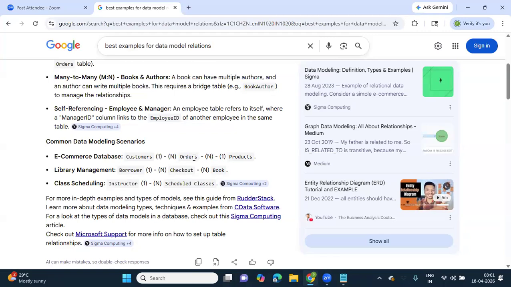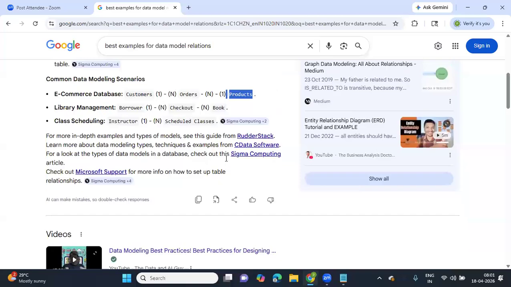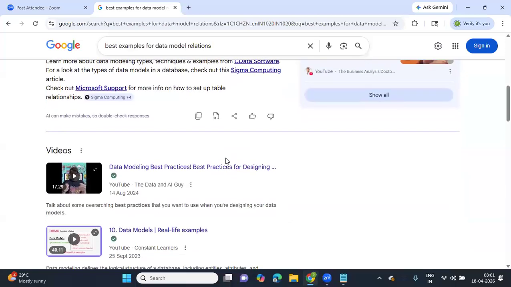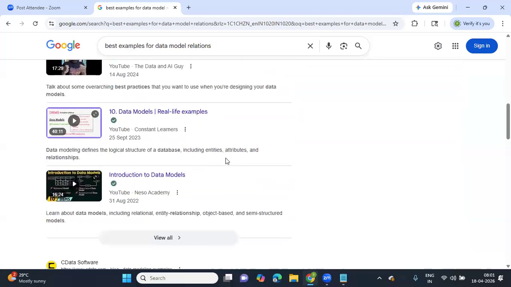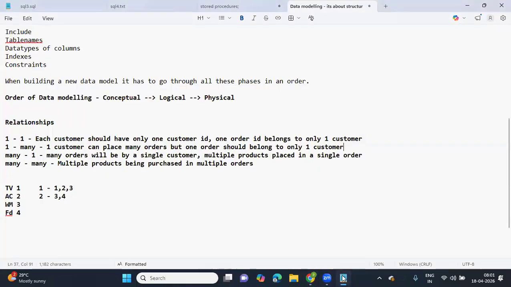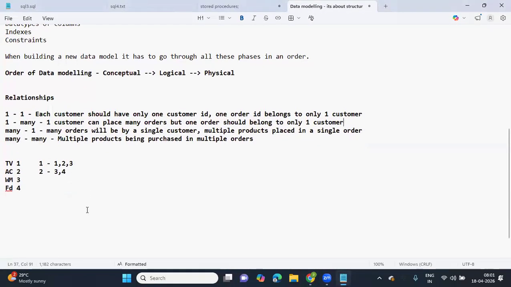So multiple orders can purchase the single product. Let's say we are talking about the product TV. It will be there in multiple orders. Maybe I purchase the TV, you purchase the TV, and some other person also purchases the TV. So multiple orders purchasing the same product. That's what it is trying to say. So that is about the relationships. You can dig more into that. I'm just throwing some light on each of the concepts.